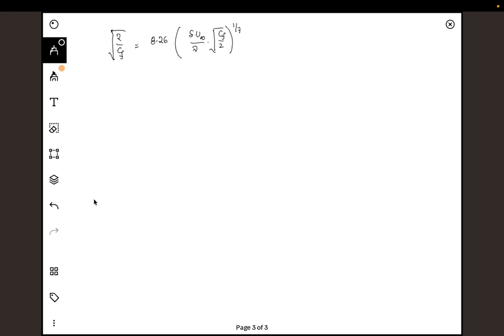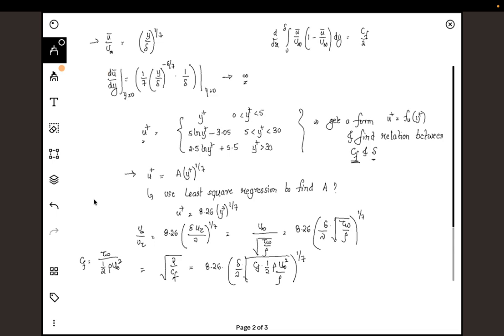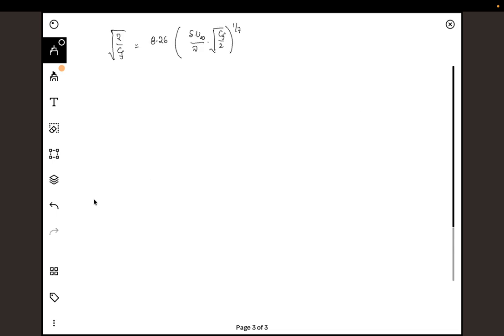Is that right? Right. So if I take the cf by 2 to the other side, I'm having cf by 2 to the power minus half minus 1 by 7 is 8.26 times this particular quantity, which is Re, the Reynolds number calculated at delta, to the power 1 by 7.